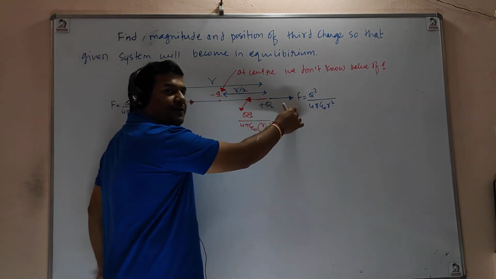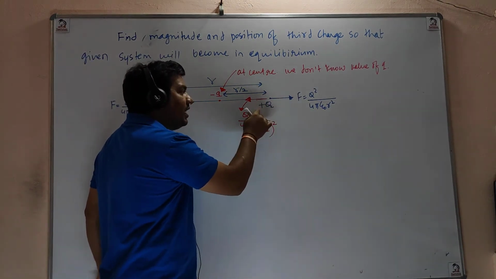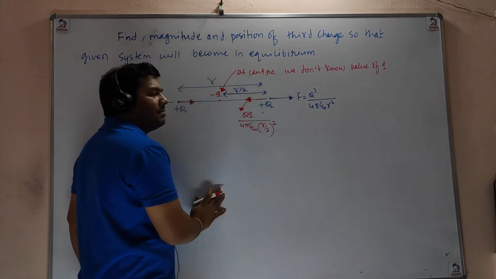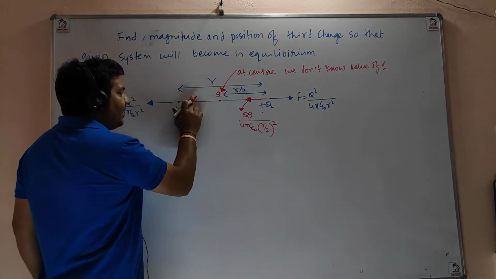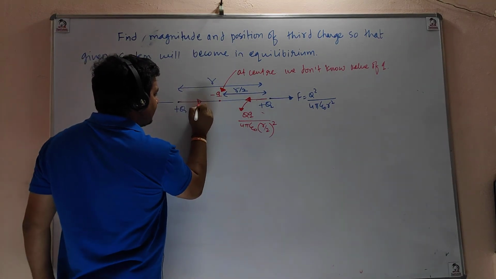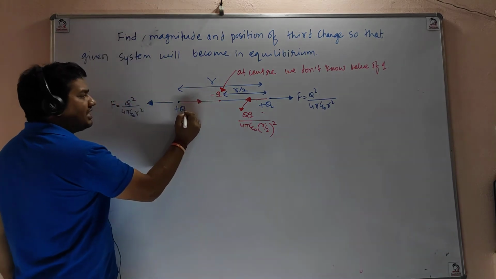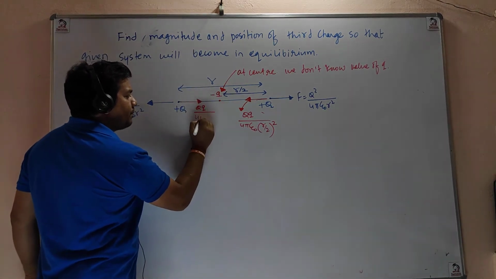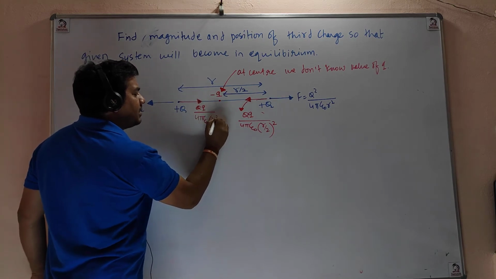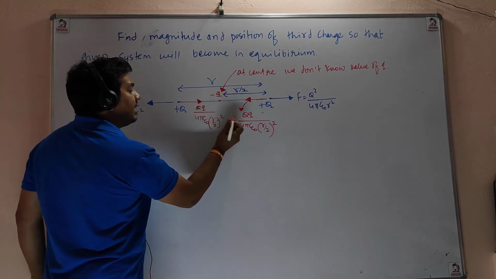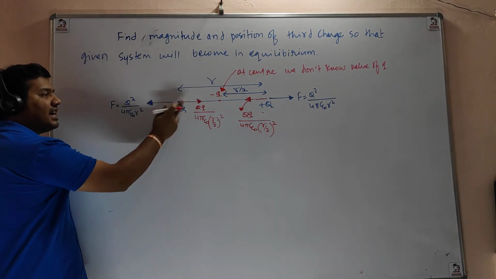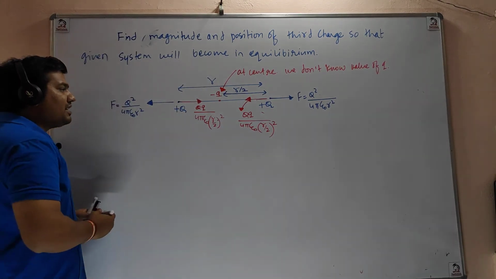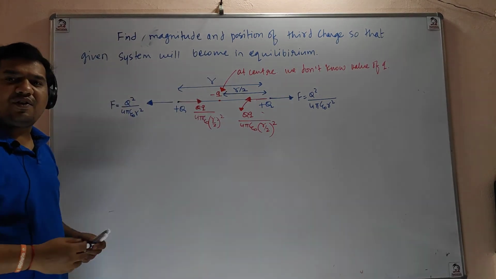So if left hand side force and right hand side forces are equal, then net force on this will become 0. In the same way, for this charge also the same thing is valid: capital Q, small q, over 4 pi epsilon naught, r by 2 whole square. So if left hand side force and right hand side forces are equal, then plus q is in equilibrium. Everyone agree?